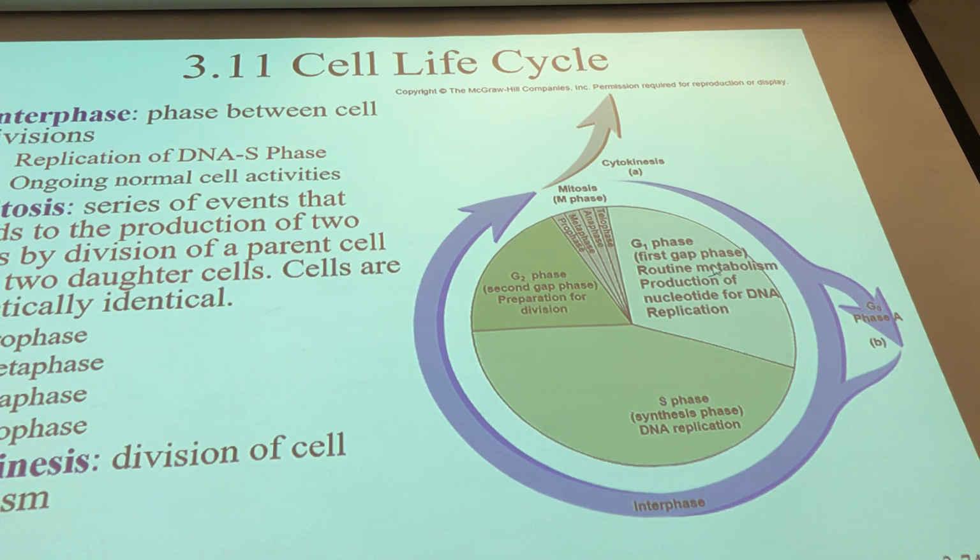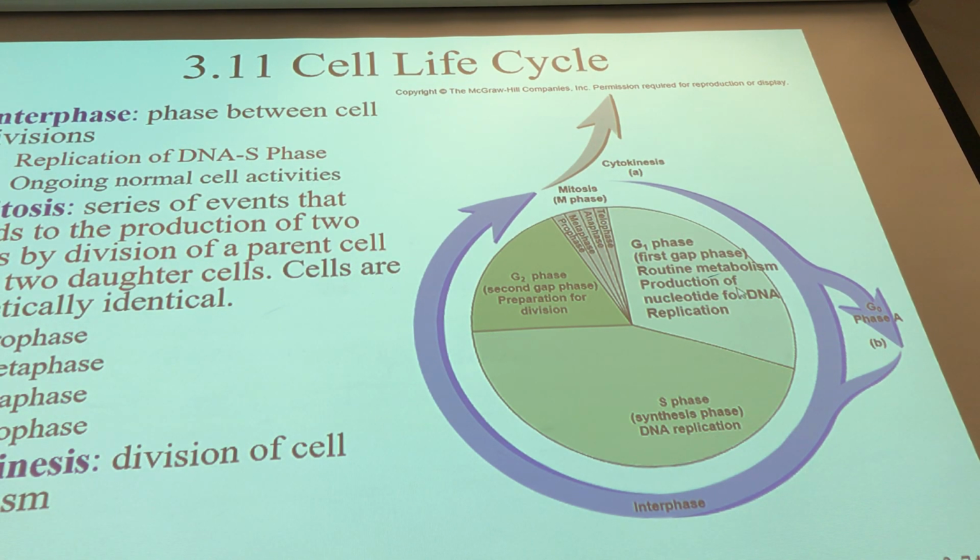That's when we start to reproduce more and more nucleic acids, more enzymes, more energy. Because remember, in order to have growth and repair in the body, we need to undergo cell division. So then one cell splits into 2. But the cell division part is just a very small part of the normal life cycle of a cell. So the rest of the parts lead us to the cell division phase, or mitosis.